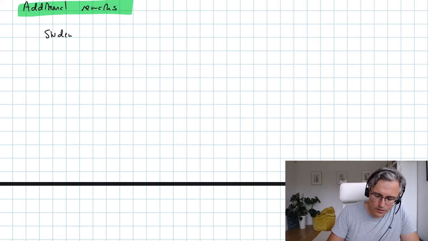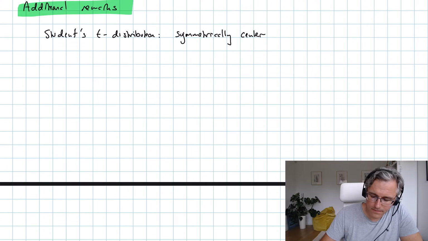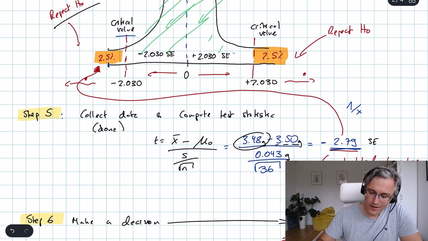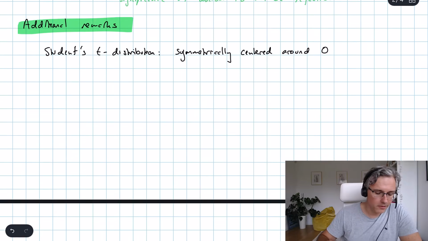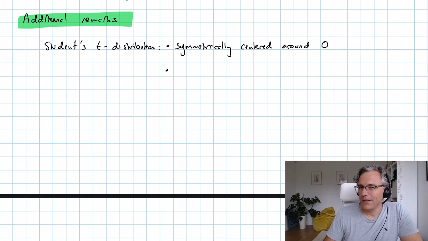The student's t distribution is symmetrically centered around 0. That's why over here I drew this bell shape with a 0 smack in the middle, right? It's defined by degrees of freedom.